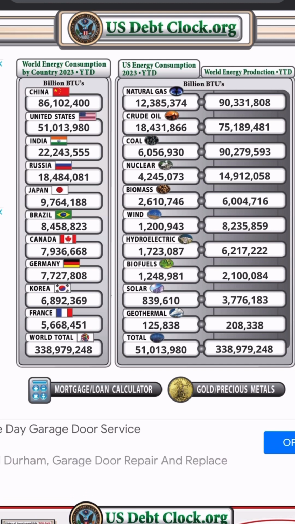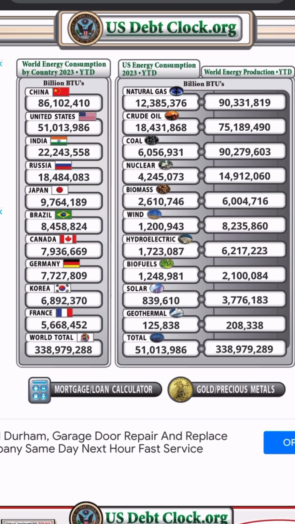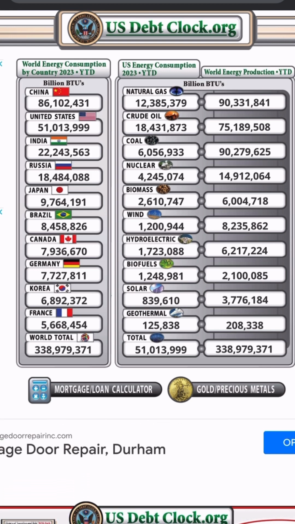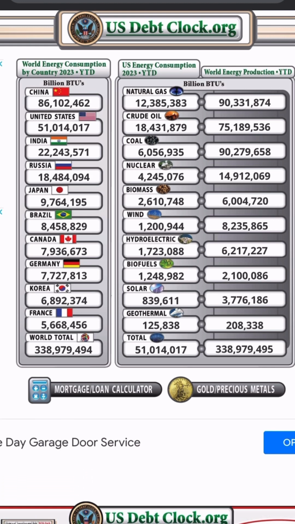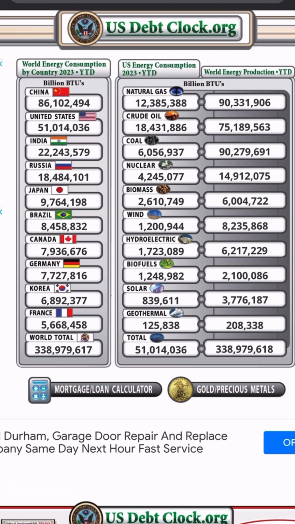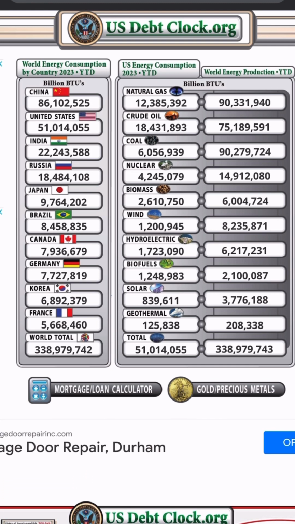Venezuela holds the biggest reserve of crude oil in the world. So in the next couple of years, and now we're starting to see this, there will be fights between countries over energy consumption. The top four countries using energy are China, the United States, India, and Russia.